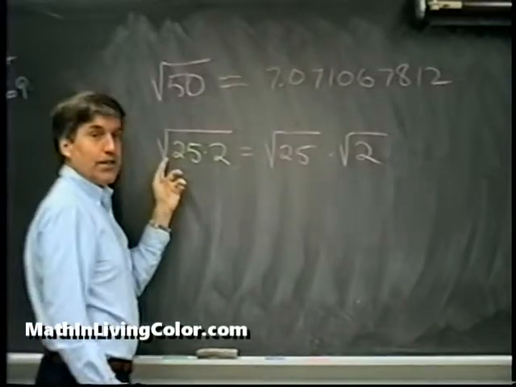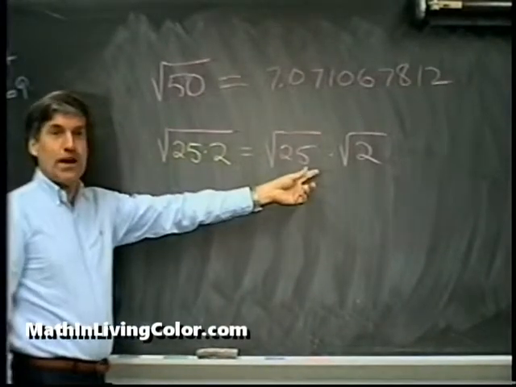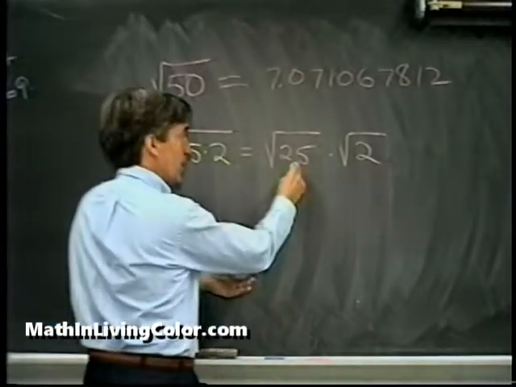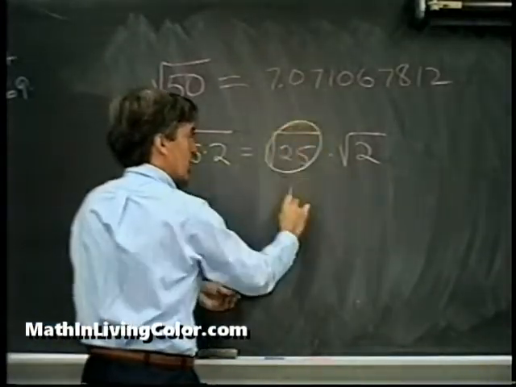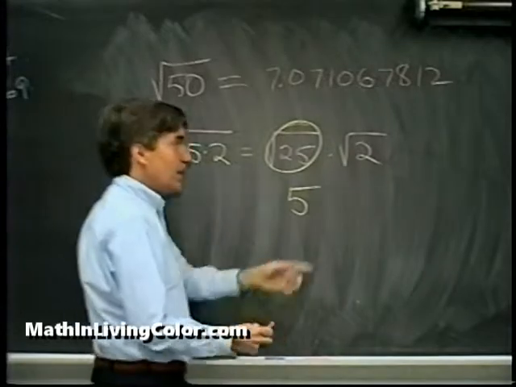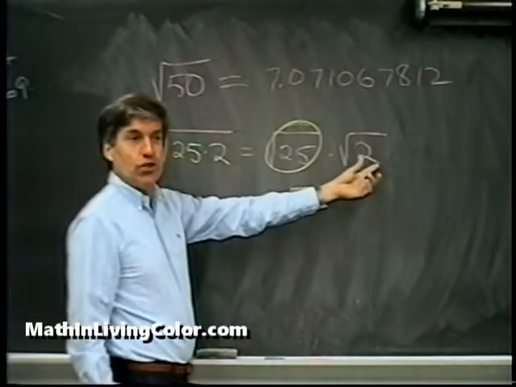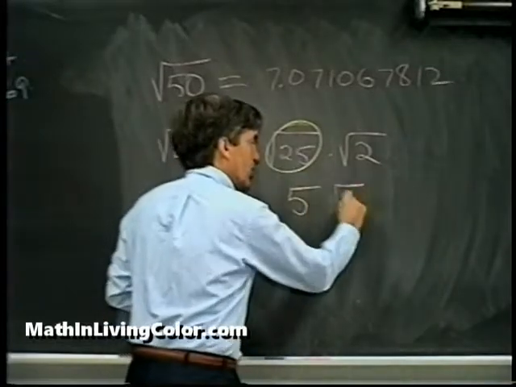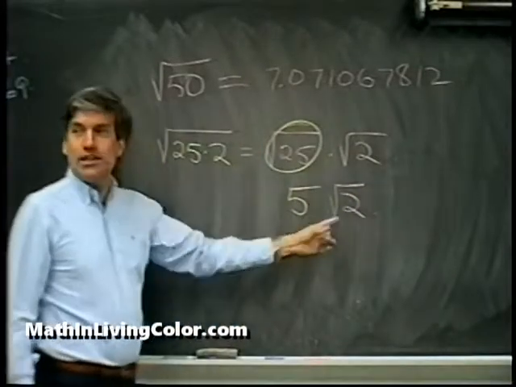Everybody in here knows the square root of 25, which would be what? 5. In other words, this part is just 5. And nobody really knows the square root of 2, except maybe as a decimal, so that would be the square root of 2. And that's the way we want to leave the answer.